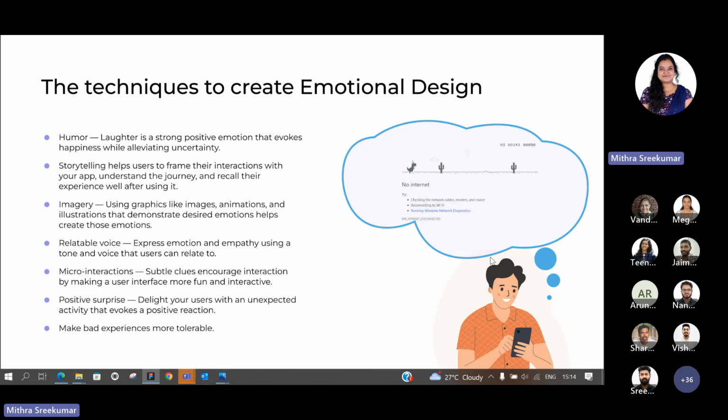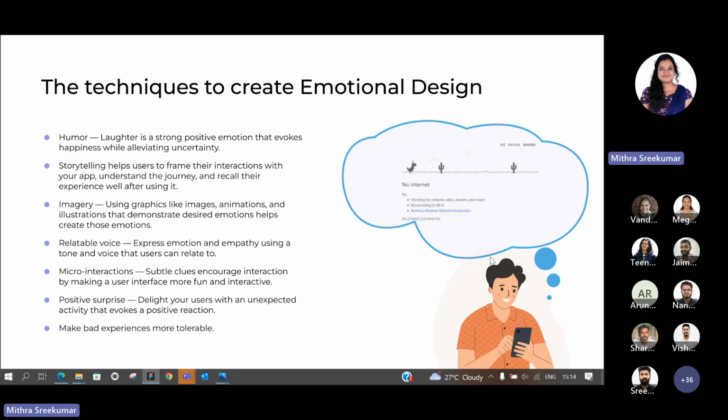There are certain techniques to develop emotional design. We can first discuss the general ways of creating it, and then dig deeper into each level. Generally, we can create emotional design by creating humor in our content.